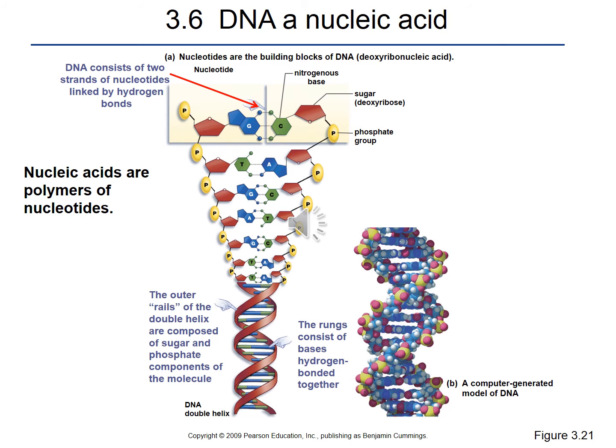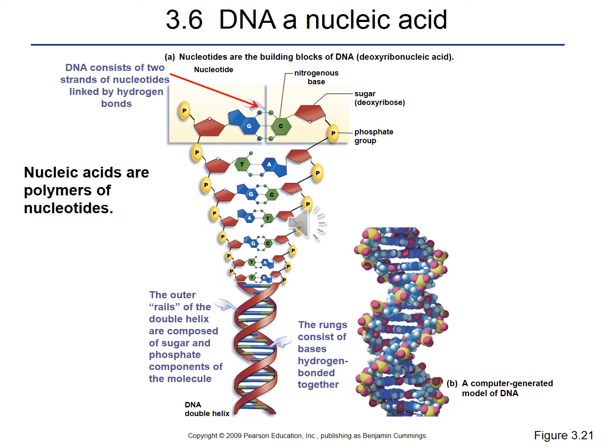The monomers of nucleic acids are called nucleotides. And what you see up here, where the red arrow is, is indicating the hydrogen bonds that are occurring between the double strands. Okay, this is the hydrogen bond that is between two nucleotides.